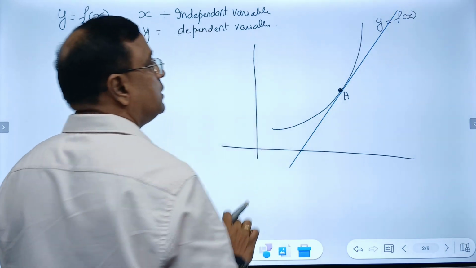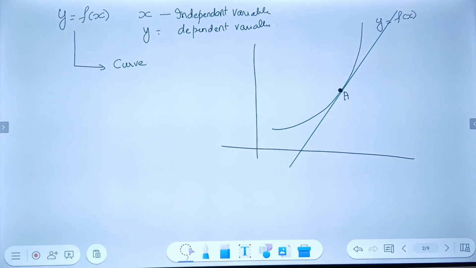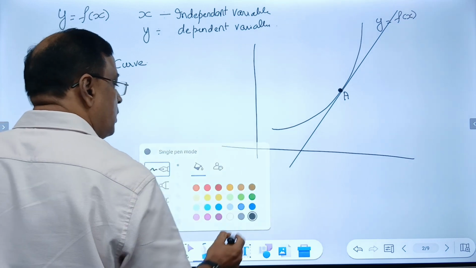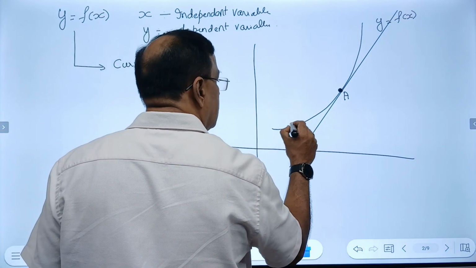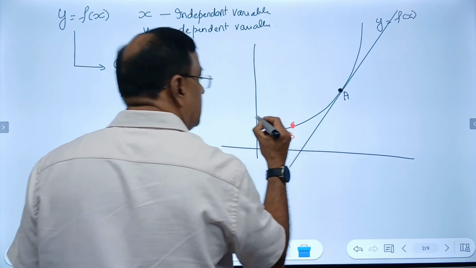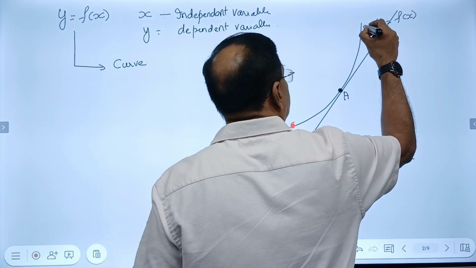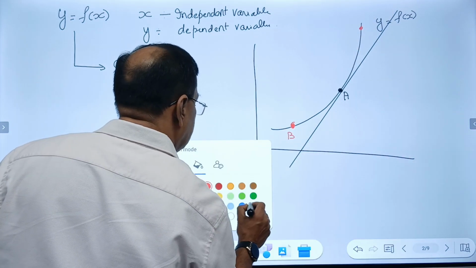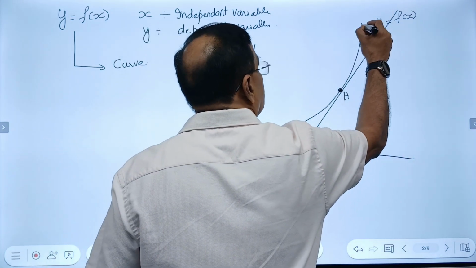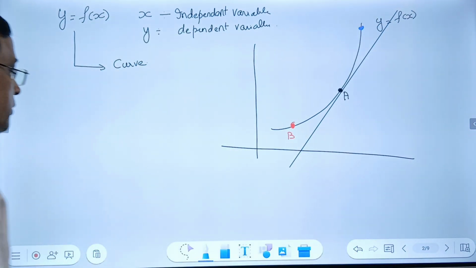This is a tangent to the curve at x is equal to a. Now what I do, I take two neighboring points. The one point is, for example, B, and I'll take another point, say C. I'll mark it with blue color.